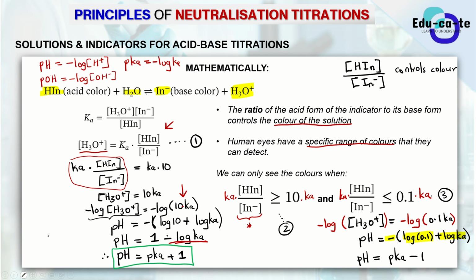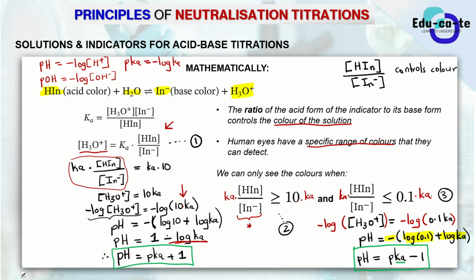So this is the derivation that we also made, to say that using condition number 2, or using equation 3, this is the value of the pH. So the pH of the indicator can be found using this method. You just need to know the Ka value, or the acid dissociation constant of that indicator.